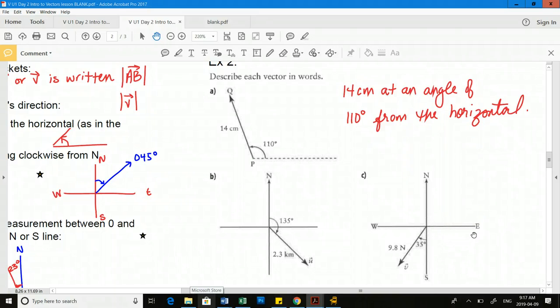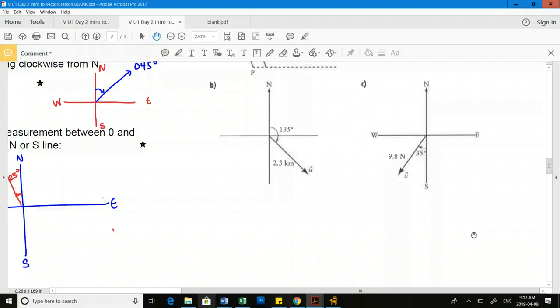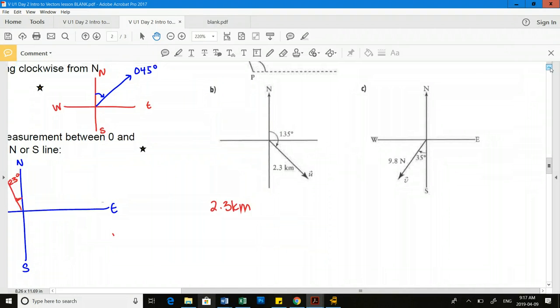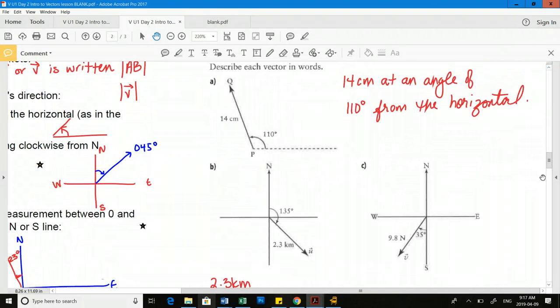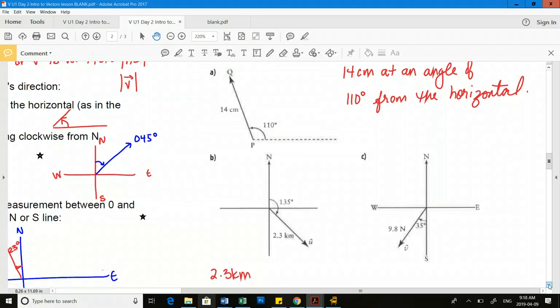Yeah. Okay, part B. I have 2.3 kilometers. Can someone help us out with direction? What's direction for part B? It's true bearing, so we can either say at a bearing or at a true bearing of 135 degrees.